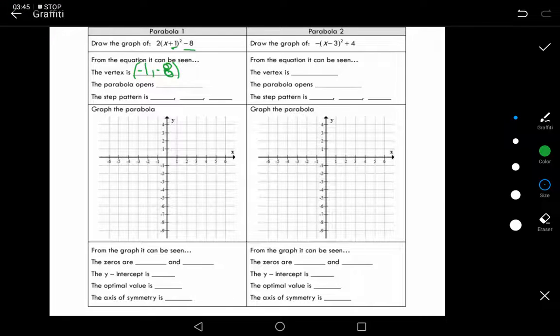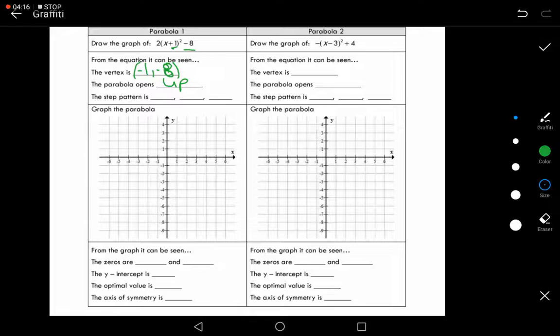Okay? The next piece is it's asking us, is the parabola opening up or down? Remember, as long as there's no negative out front, we're going to stay as opening up. And lastly, it's asking us for that step pattern. Remember, in order to determine the step pattern, we take that original step pattern of our base graph, which is y equals x squared, and our step pattern there we figured out was 1, 3, 5, and we simply multiply that by our a term.